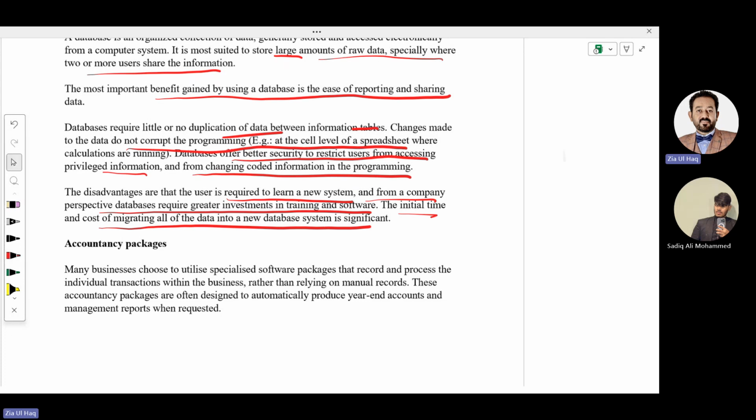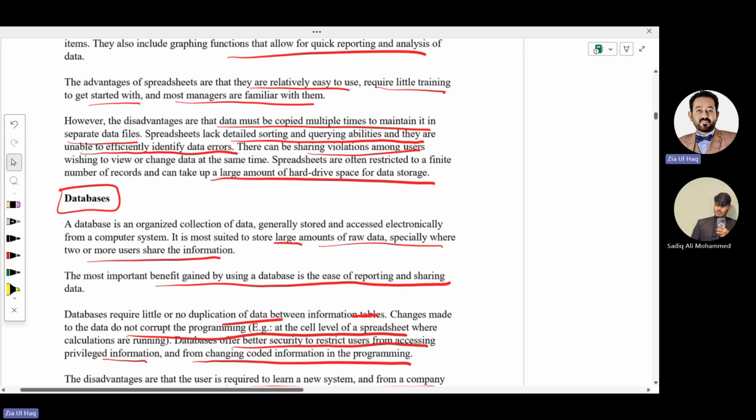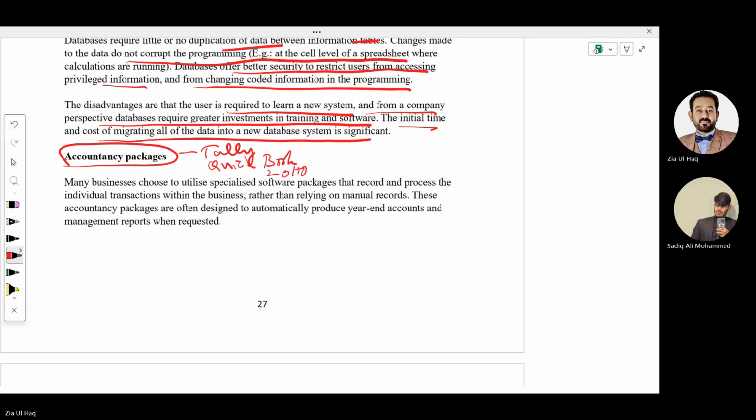So we are learning about different software that is used in the organization: spreadsheet, database, accountancy package. An accountancy package could be like Tally, like QuickBooks, like Zoho, which are nowadays widely used. So these are the three software that are widely used, especially in the UAE market.